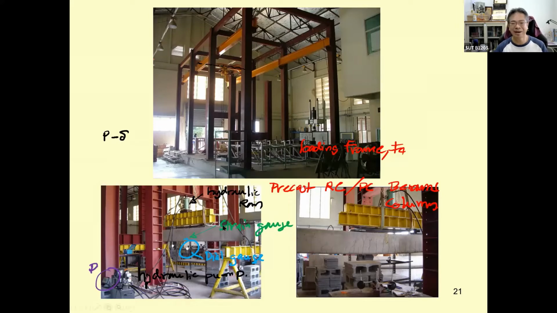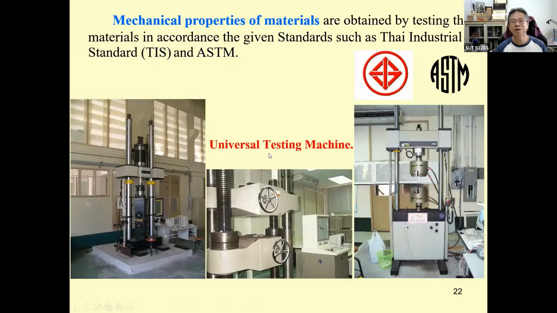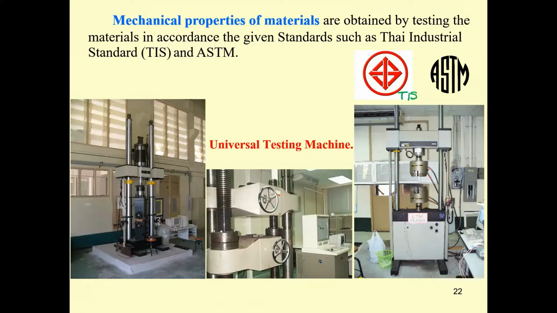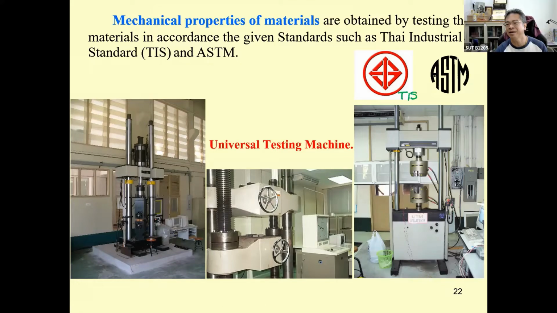Most of the material testing that we do, we test according to the standard, for example in Thailand, the Thai Industrial Standard, or for the international standard, the American Society for Testing and Materials, or ASTM. When we test the material, we get the stress-strain diagram.